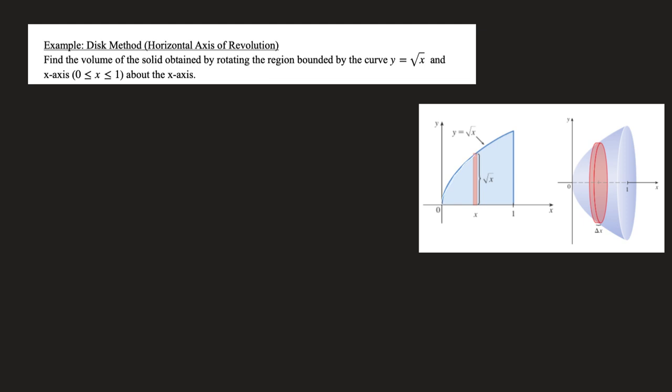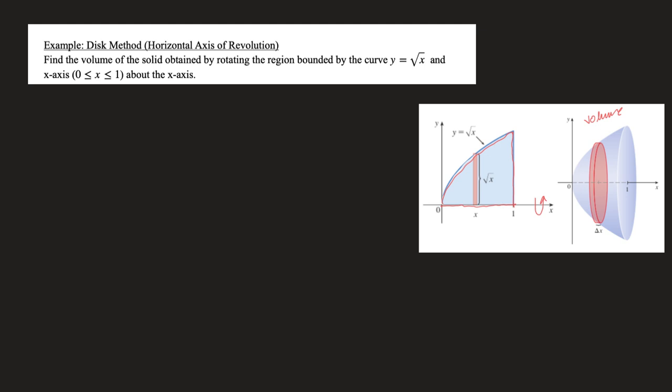I sketch it: this is y equals square root of x, and this is the x-axis, from 0 to 1. We're going to rotate this region over the x-axis. That makes a 3D object, and we want to find the volume generated by this region.